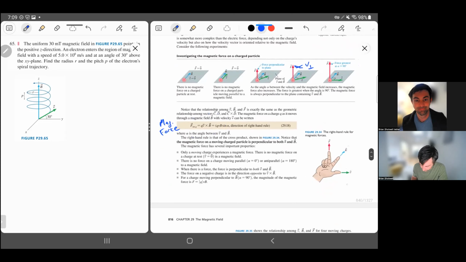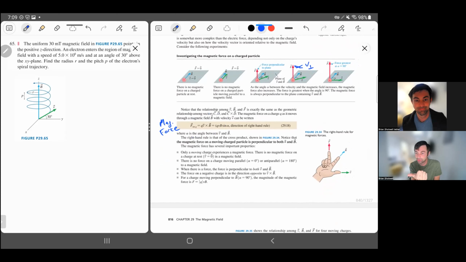So one way is to actually cross these two vectors, fingers towards V and curl them towards B. There's a shortcut that sometimes people use, and that is, for a positive charge, you use your right hand.